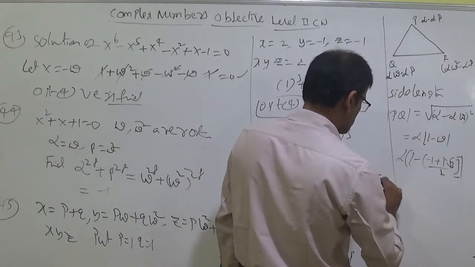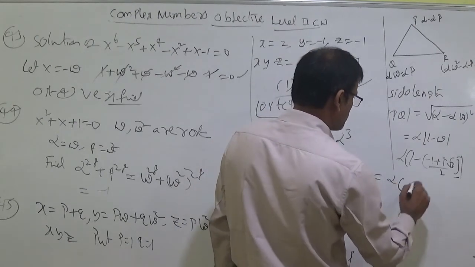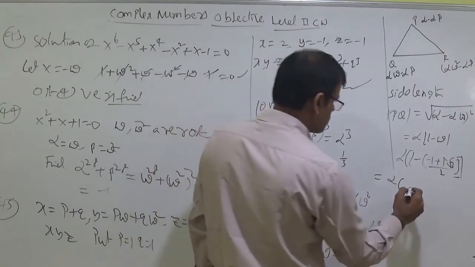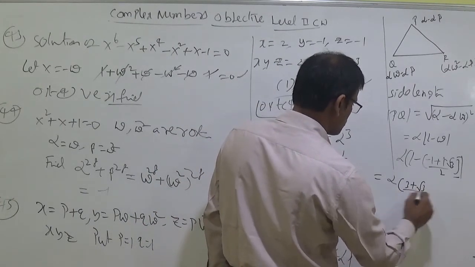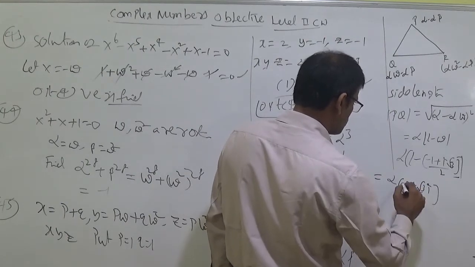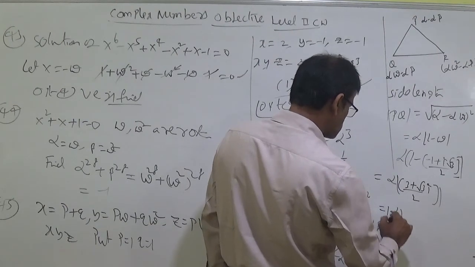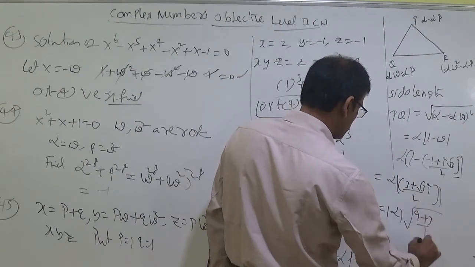So that is equal to alpha into, taking LCM 2, 2 plus 1 becomes 3 by 2, so (3 plus root 3 i) by 2. Take modulus here. That is equal to modulus of alpha into root of (9 plus 3) by 4.